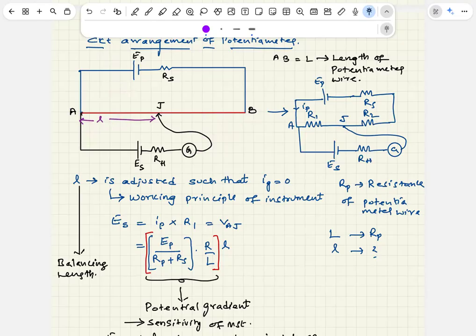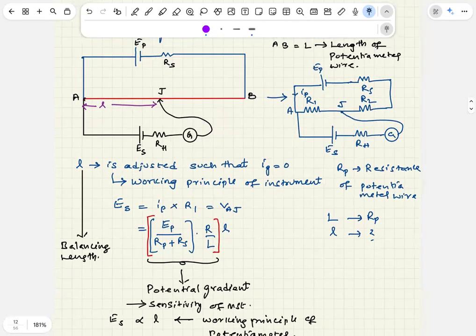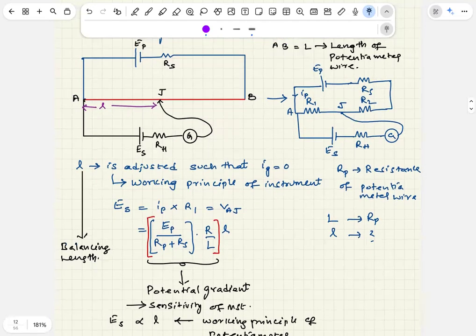Right. So therefore, E secondary is equal to the drop across this.